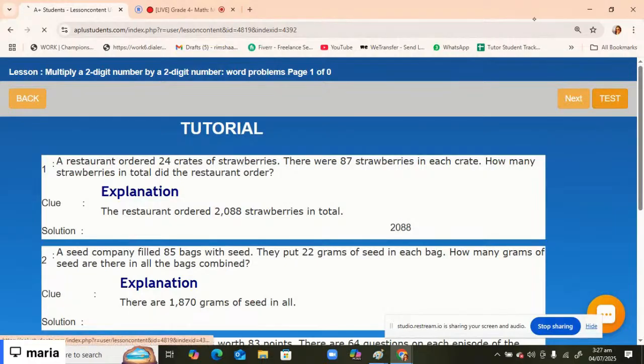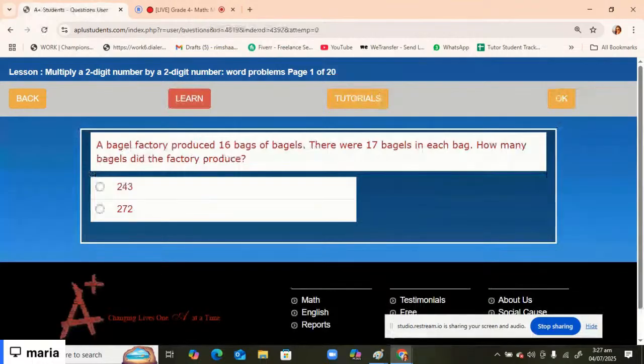Let's discuss the test questions. A bagel company factory produced 16 bags of bagels. There were 17 bagels in each bag. How many bagels did the factory produce?